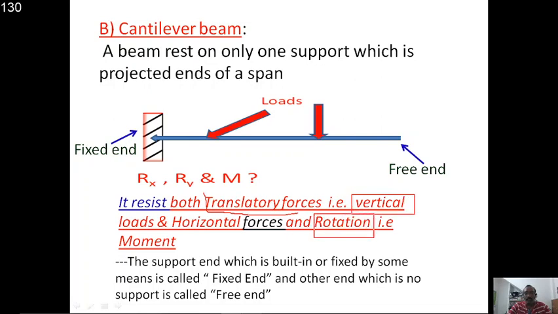In addition to horizontal and vertical forces, it can also resist rotation or moment. It has that capability due to the fixity. So this type of support results in a beam known as a cantilever beam.